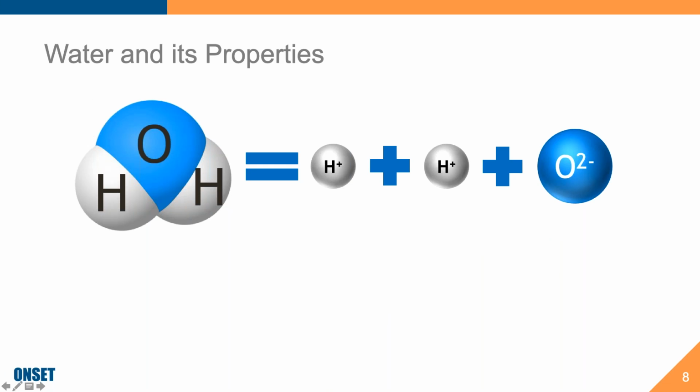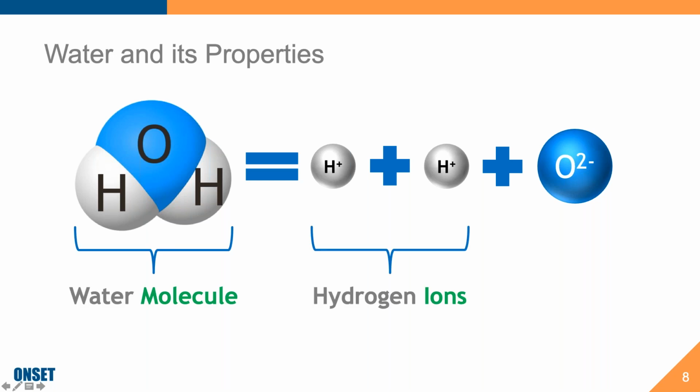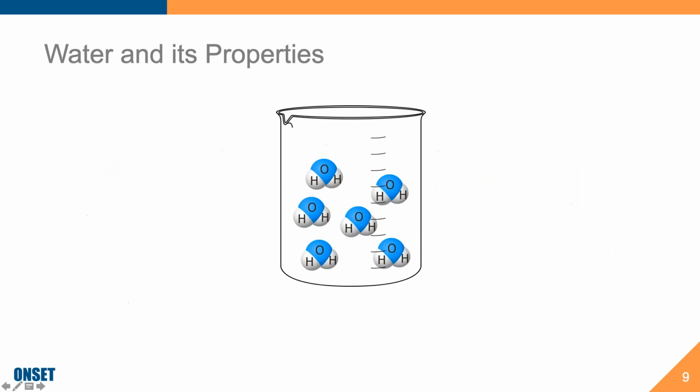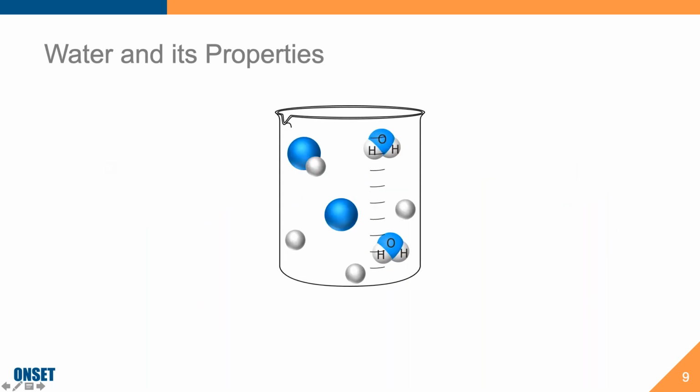So here we have our H2O molecule. We have one oxygen, two hydrogens, and the hydrogens have a positive charge and the oxygen has a two negative charge. So we have a water molecule with hydrogen ions and an oxygen ion. In our water, we have H2O, but the H2O isn't always just H2O.